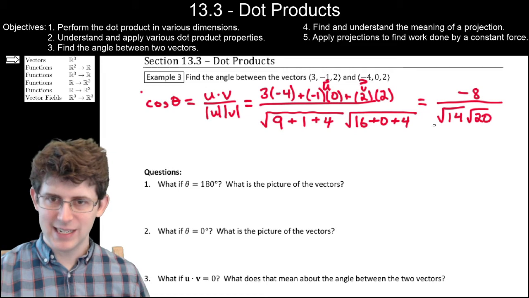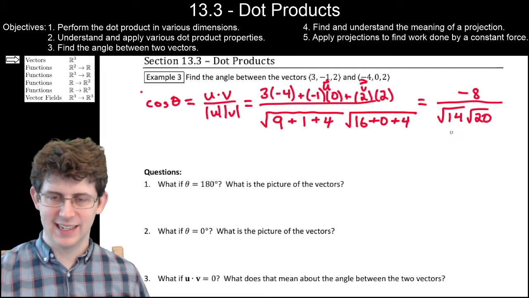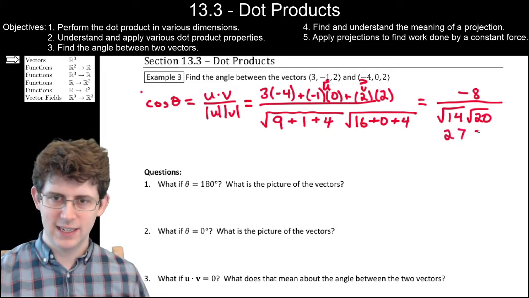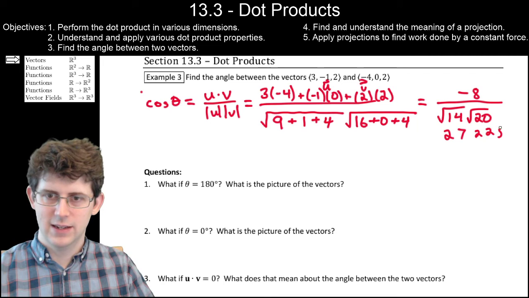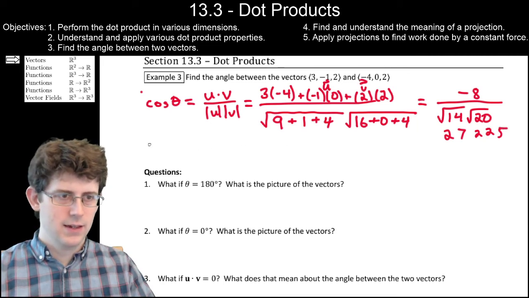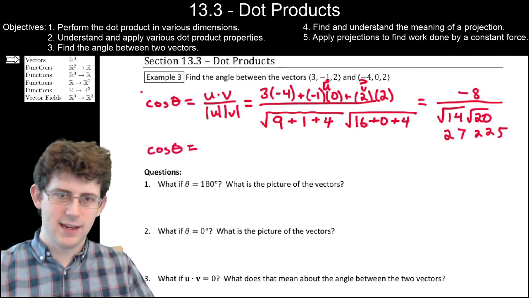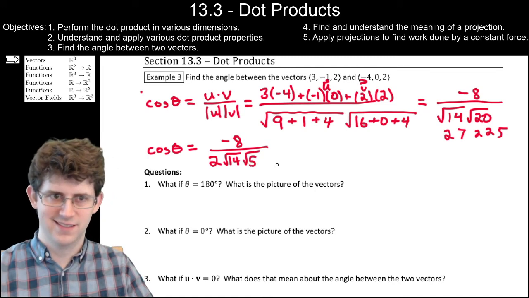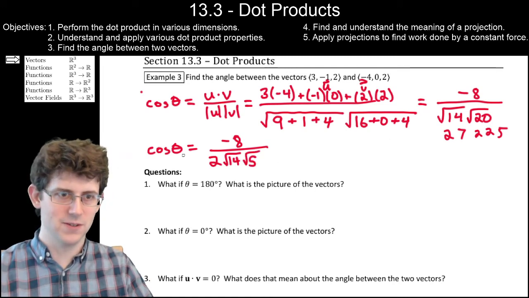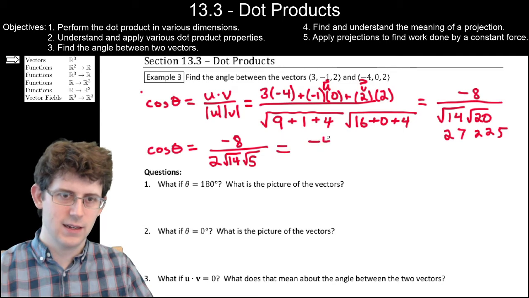Does anything good happen here? I've got 2, 7, 2, 2, 5 as my factors. So these can come out. So cosine theta is minus 8 over 2 square root 14 square root of 5, because I can get the 2 out from square root of 20. So I can cancel the 2.